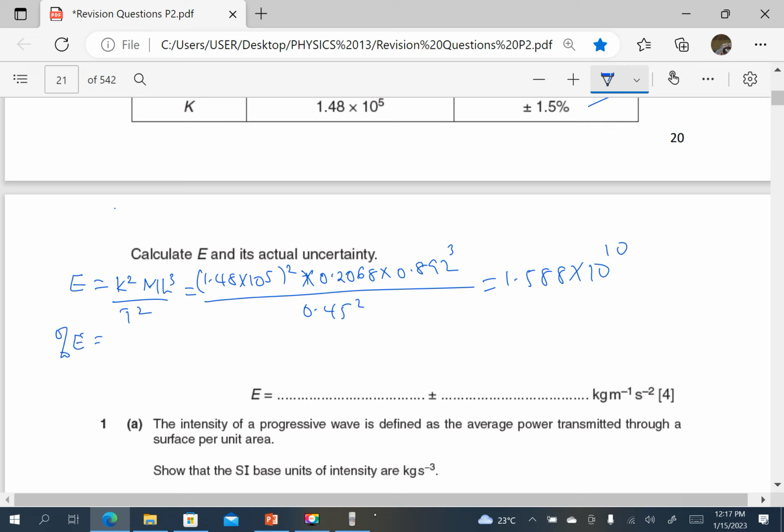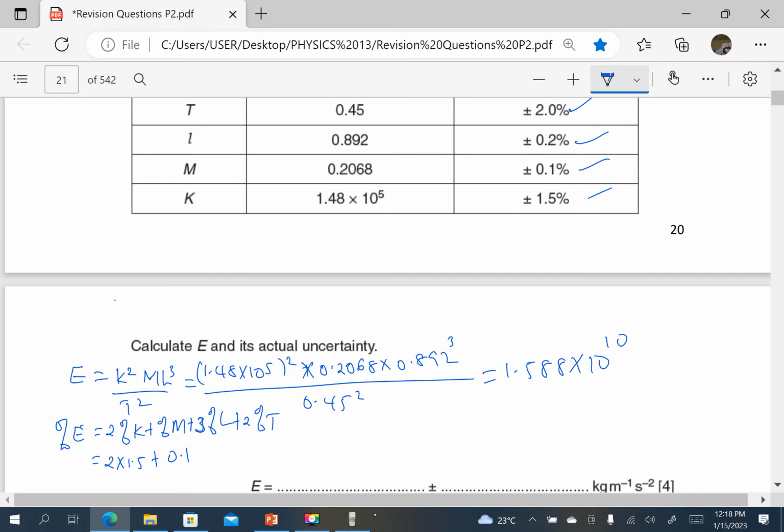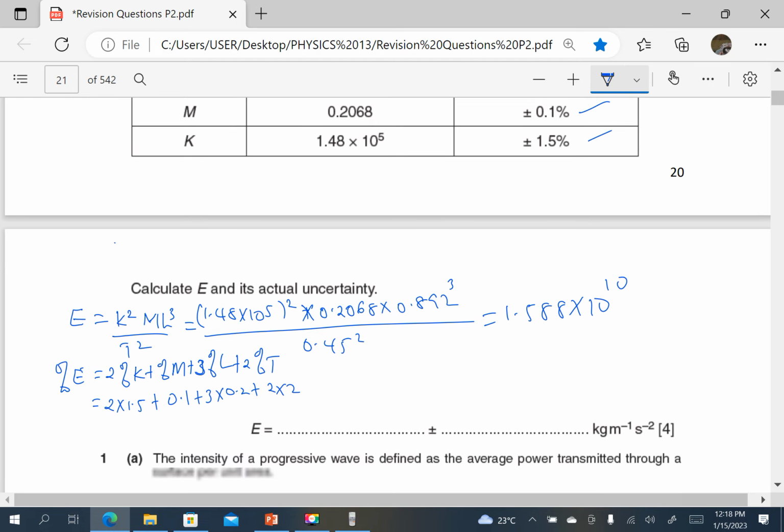Percentage in E is going to be twice percentage in K because of the power on K, plus percentage in M, plus 3 times percentage in L because of the power on L, plus twice percentage in T because of the power on T. So this is going to be 2 times 1.5 for K, plus M is 0.1, plus 3 times L, which is 0.2, plus T, which is 2 times 2. And this gives me 7.7.